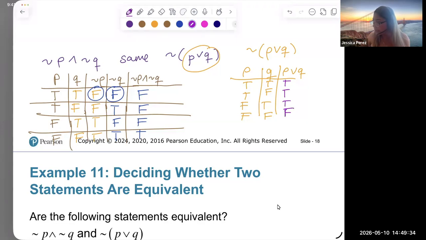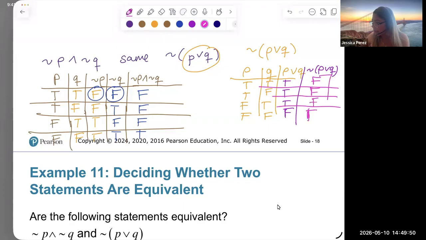The only one that's false is the last one. Now, if we're negating P or Q, all you're doing is changing the original statement. So instead of a T, that's a false, a false, a false, and a true.